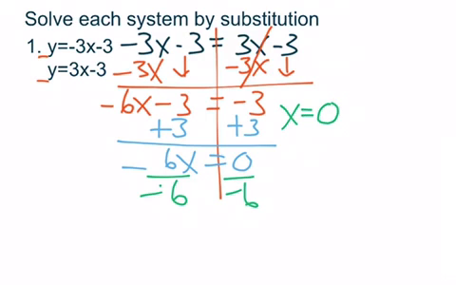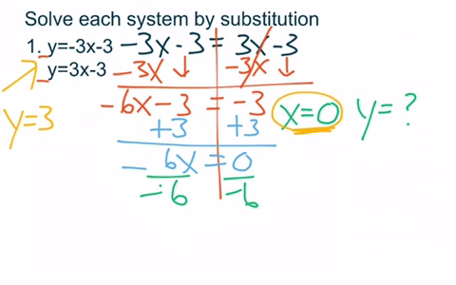So I have my x value, but I still need to know my y value. And the best way to do that is to take my x value of 0 and plug it into one of these equations up here. So it really doesn't matter, the top one or the bottom one. I'll just choose the bottom one. So I have y equals 3 times x. Well, our x value is 0.